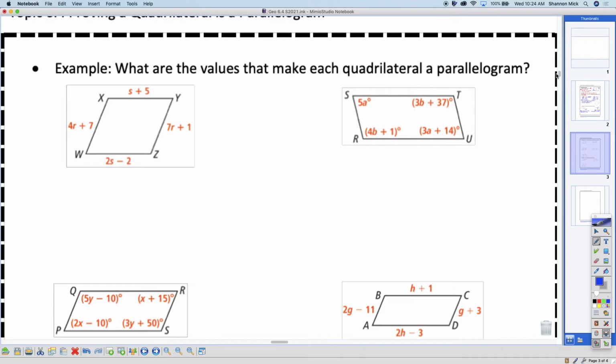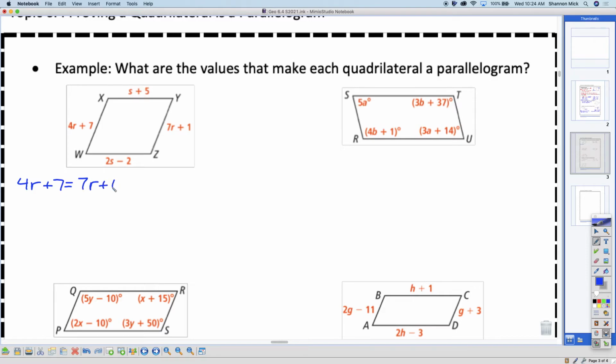So what do I know about opposite sides? They're equal. They're congruent, so the values are equal, yes? So 4r plus 7 equals what? 7r plus 1.